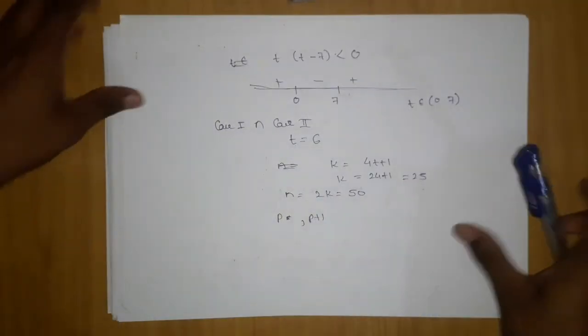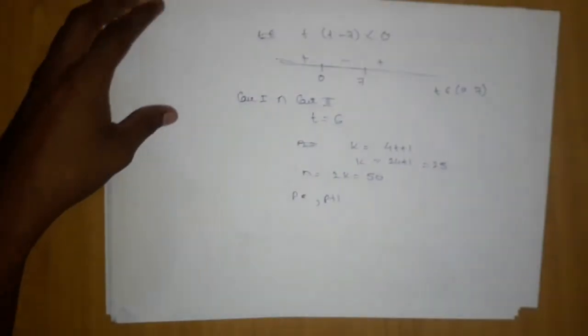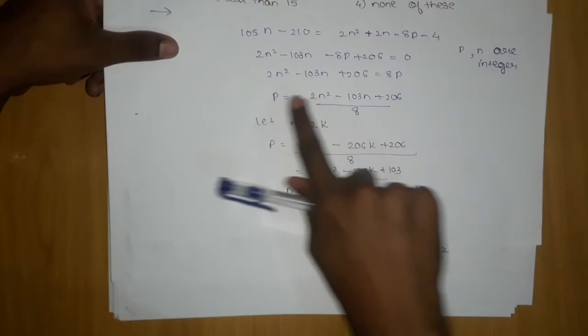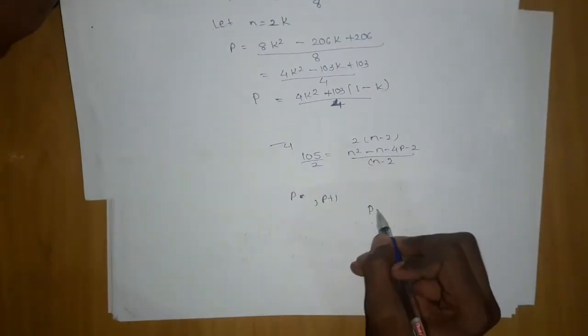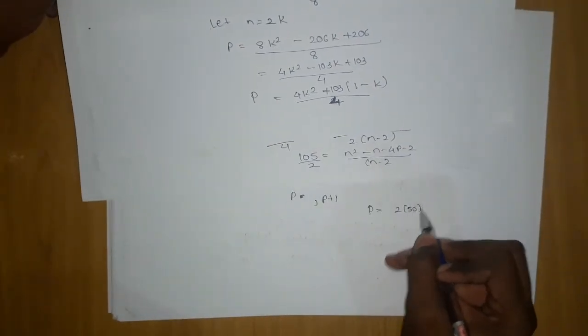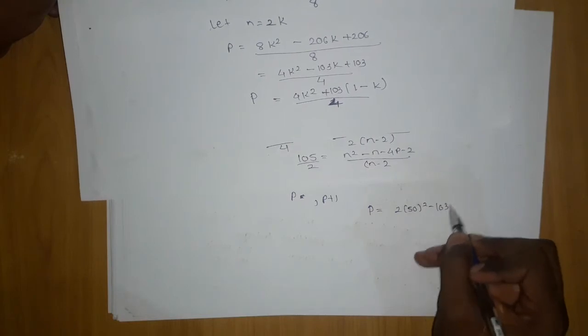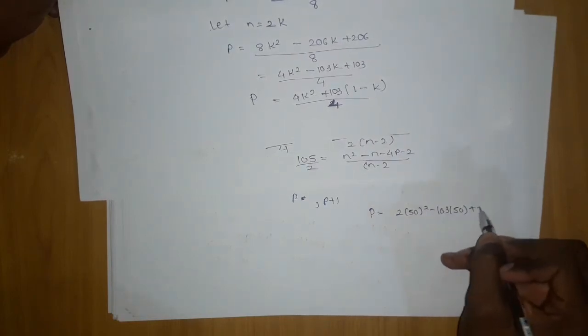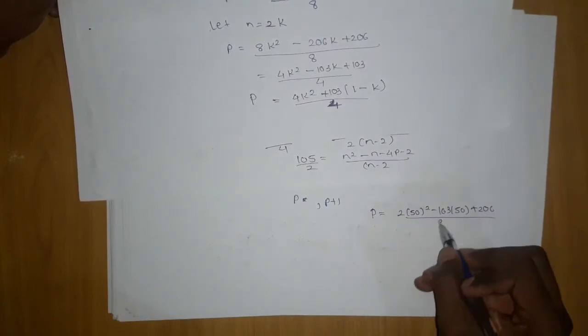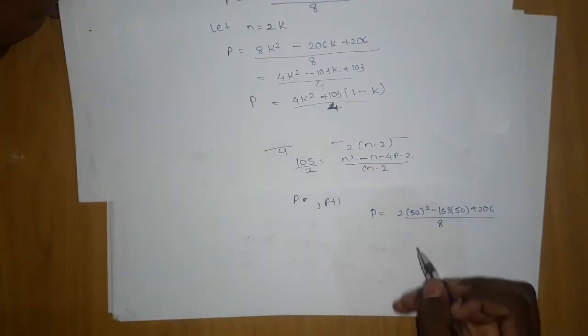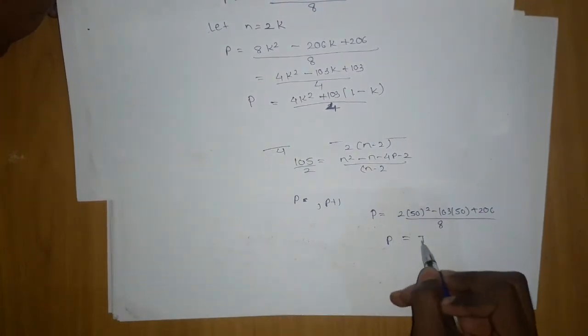To get p we can use the equation, and p I can get by 2 into 50 square minus 103 into 50 plus 206, upon 8. If I calculate, I will get p equal to 7.